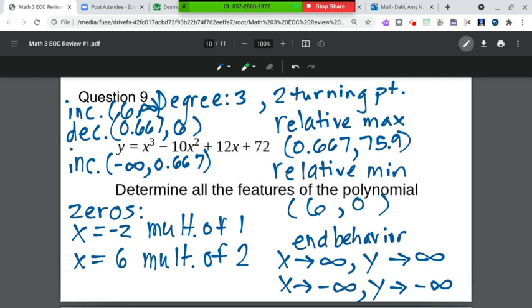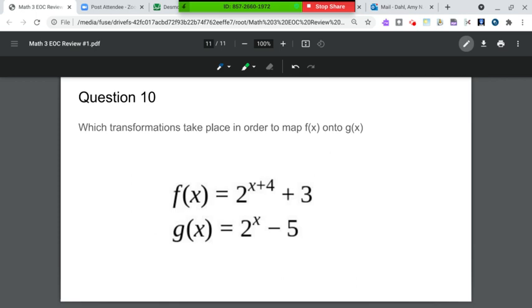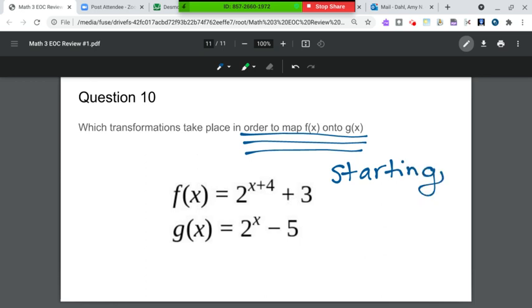Okay, any questions? All right, last one. What transformations take place in order to map f of x onto g of x? F of x is going onto g of x. Where are we starting? You always want to determine where are we starting. So if you think of f of x as your starting place, where are you starting?